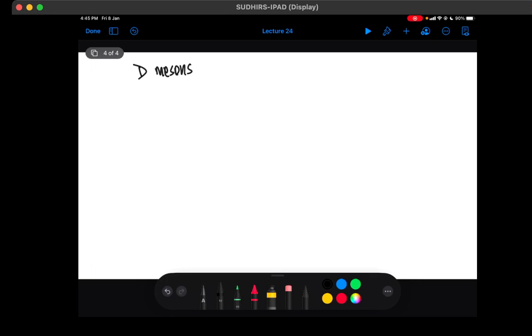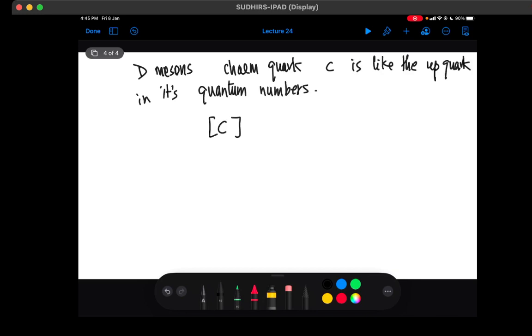The charm quark C is like the up quark in its quantum numbers. That means it has a charge of +2/3. It's a fermion with spin half; of course, all the quarks are fermions.